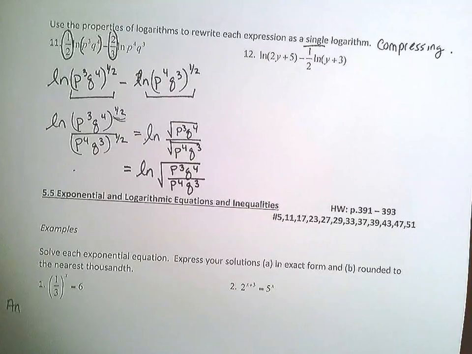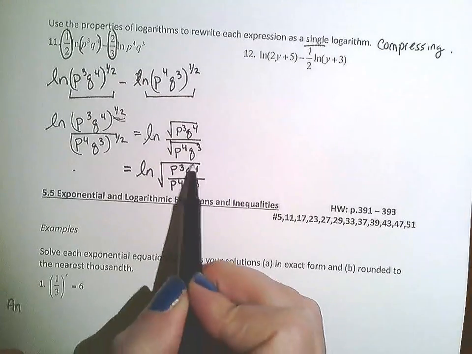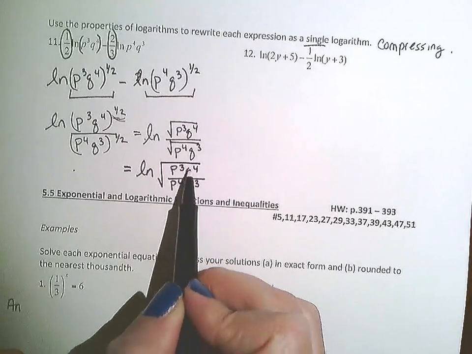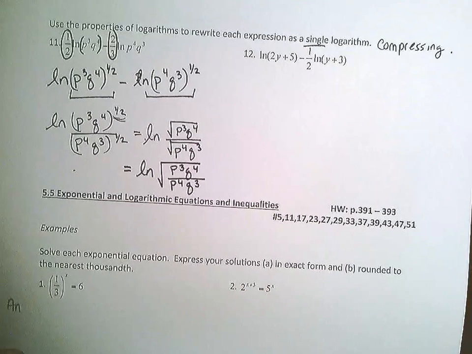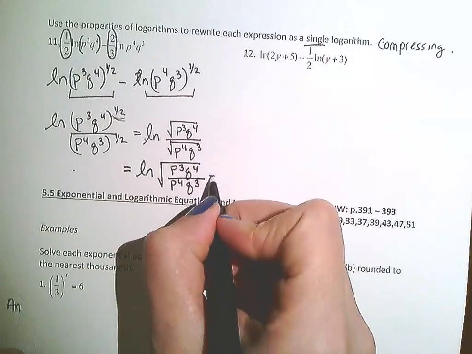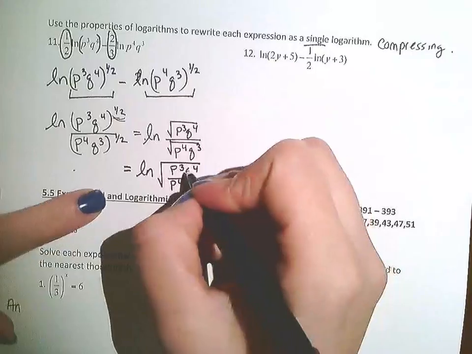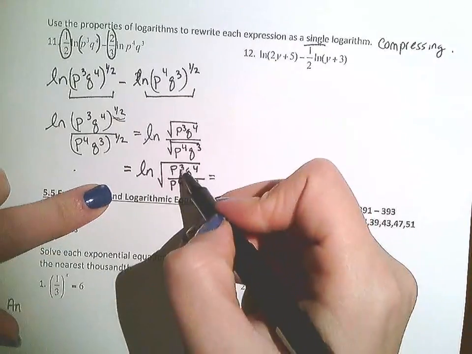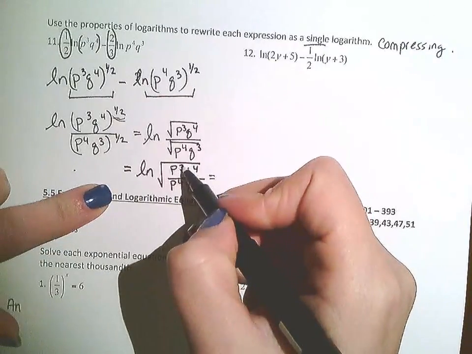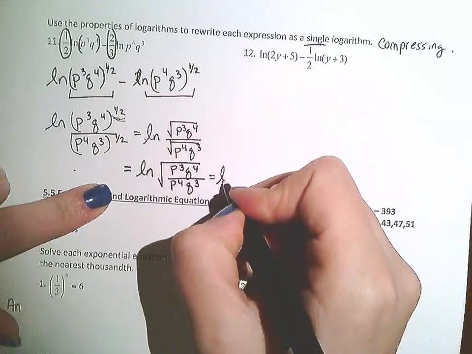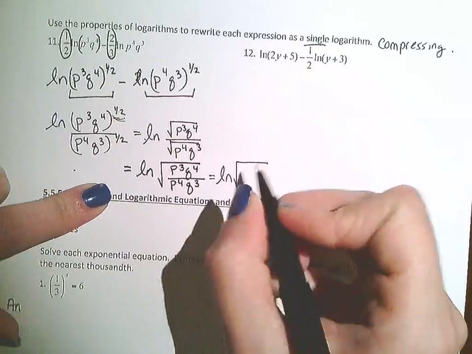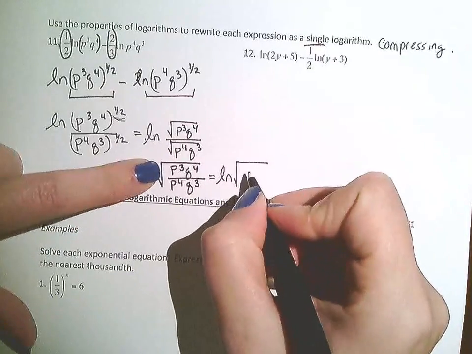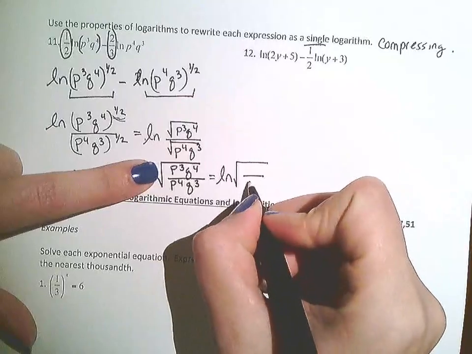So how many of you think we're done? You would be wrong, because what can I do at this point right here? What happens to the p's and some of the q's? Yep, they cancel out. So I have 3 p's and 4 p's. Remember, when you subtract them, what do you end up with? 1 p, and where is that p? On the top or the bottom?